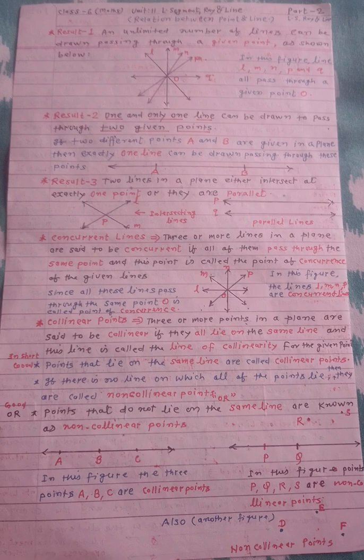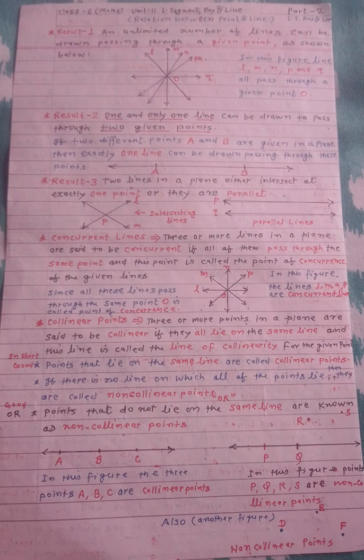Now the next point, collinear points. Three or more points in a plane are said to be collinear if they all lie on the same line, and this line is called the line of collinearity for the given points.